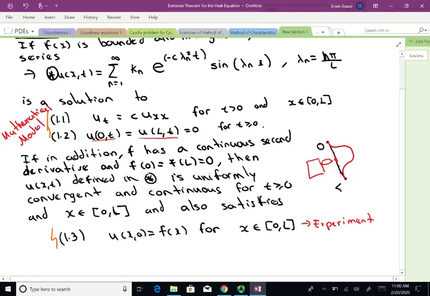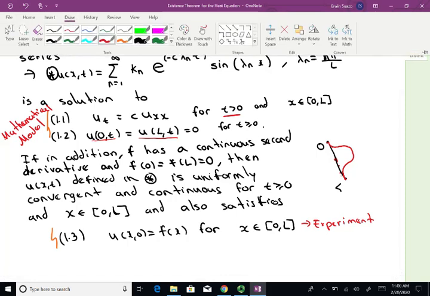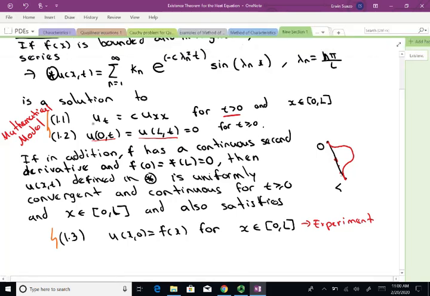So what we are saying is that when t equals 0, this is the initial distribution. Now, for t bigger than 0, you turn off the candle. And now you don't know what is going to happen, but you trust this equation.